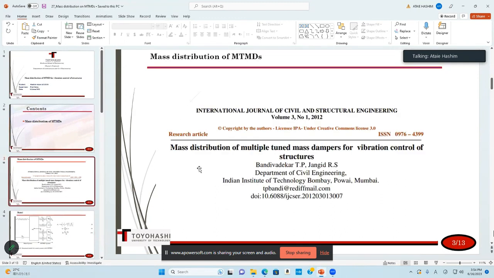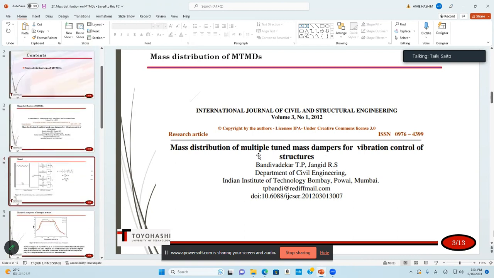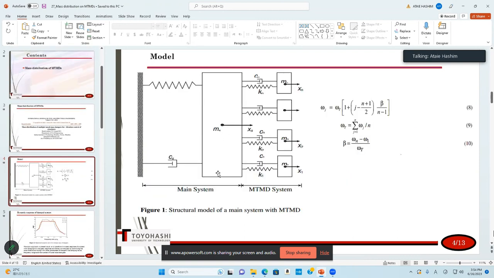I read this paper, the total mass distribution of multiple mass dampers for vibration control of structure. They modeled the main system as a lumped mass, only 1 degree of freedom, with many dampers attached.